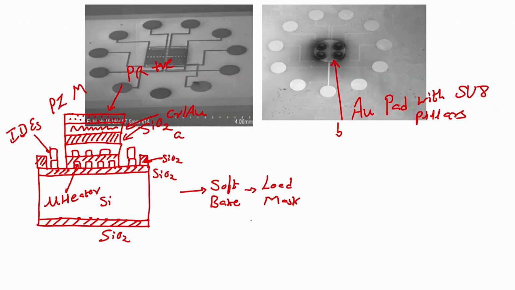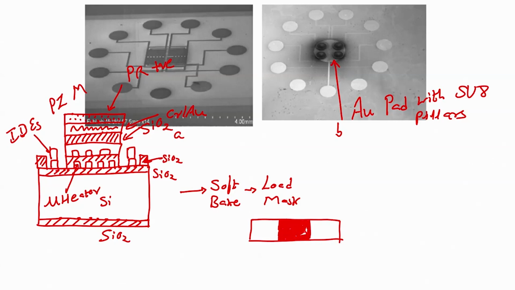How the mask will look like? Mask will look like something that I am drawing right over here, right. Mask will save my gold pad on the piezoresistive material, right. It will be directly on pattern on the same area where there are piezoresistive sensors.